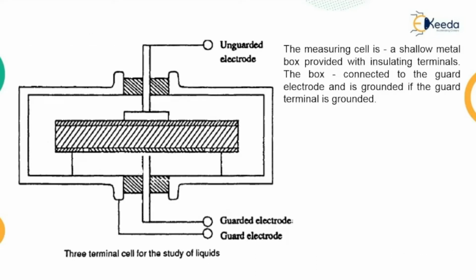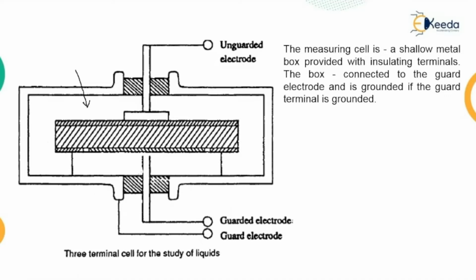Here you can see this 3-terminal cell for the study of liquids, called a measuring cell. This is your 3-terminal electrode system. The measuring cell is generally a shallow metal box that is provided with insulating terminals. The box itself is connected to the guard electrode.